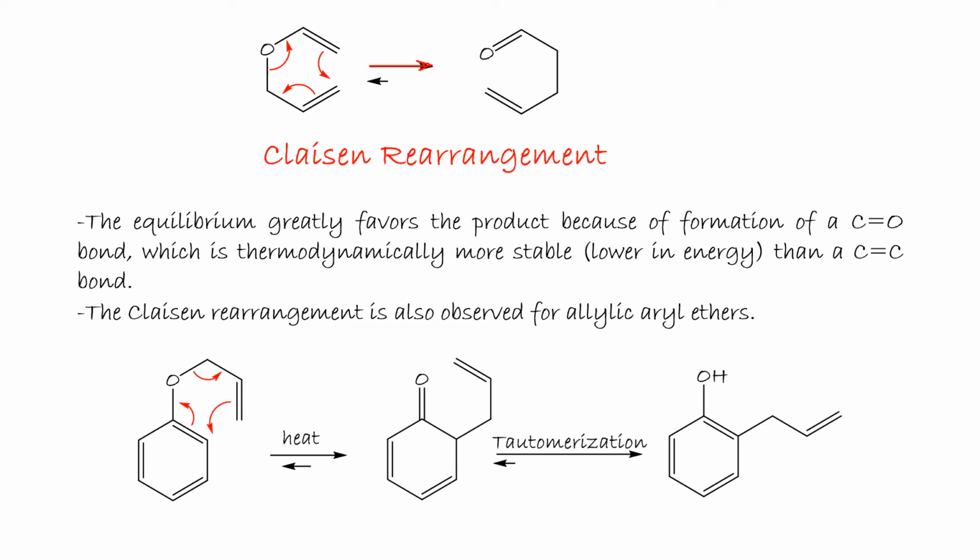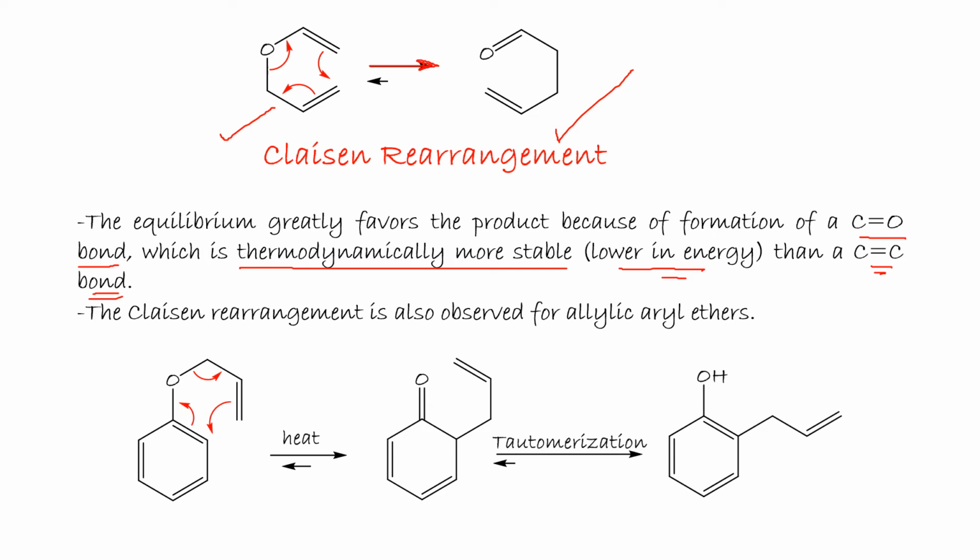The equilibrium greatly favors the product because of the C double bond O bond, which is thermodynamically more stable, lower in energy than the C double bond C. So this compound is more stable than this one, lower in energy, right? That's why the reaction will go this way.